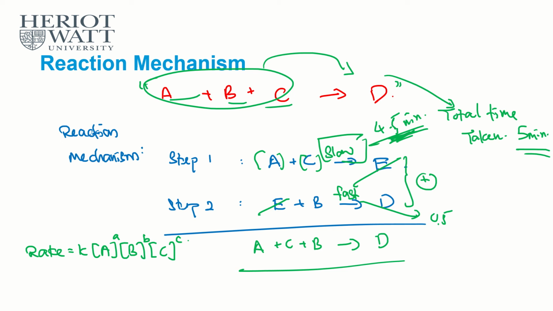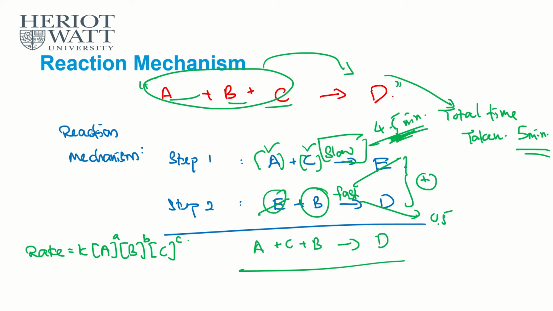So we focus on the slow step, because if the slow step becomes a fast step by increasing the concentration of the reactants in the slow step, then the overall reaction will be much faster. You get it? So let's say, for example, I increase the concentration of B and E in the fast step.